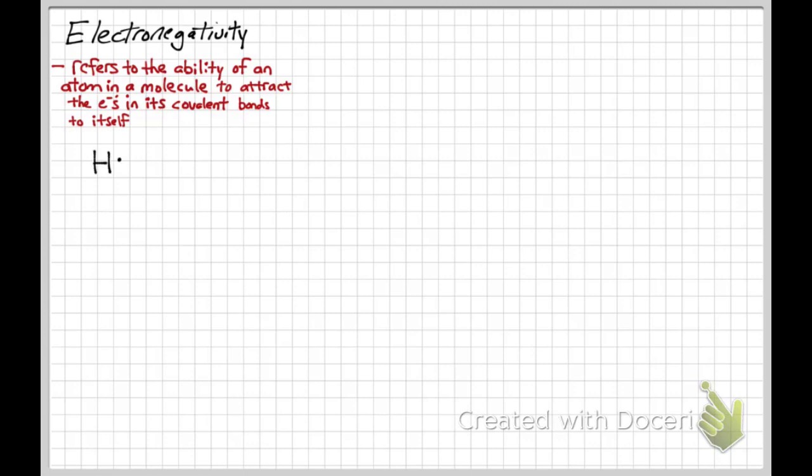So, for instance, just to refresh your memory, a covalent bond refers to a sharing of electrons, which allows the atoms to complete their valence. For instance, two hydrogen atoms each want to have an extra electron. They each have one electron, so they need one in order to complete their valence shell.